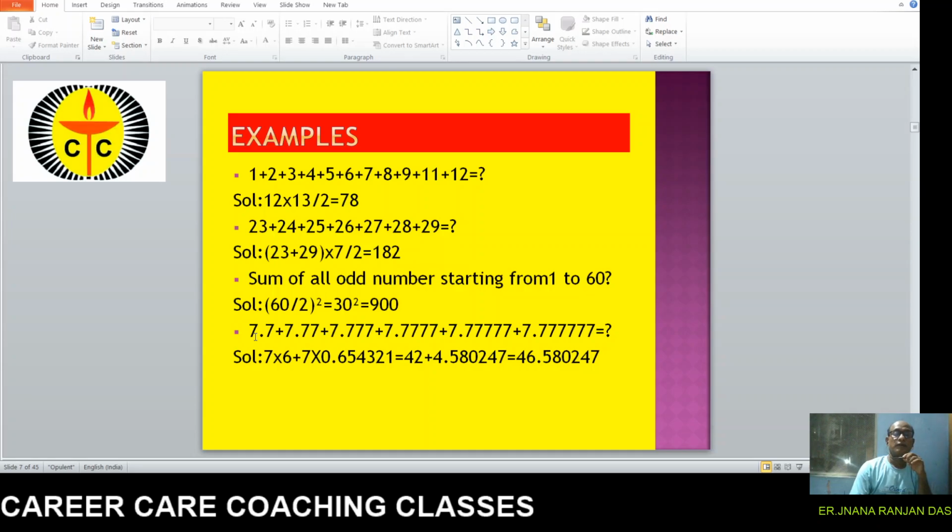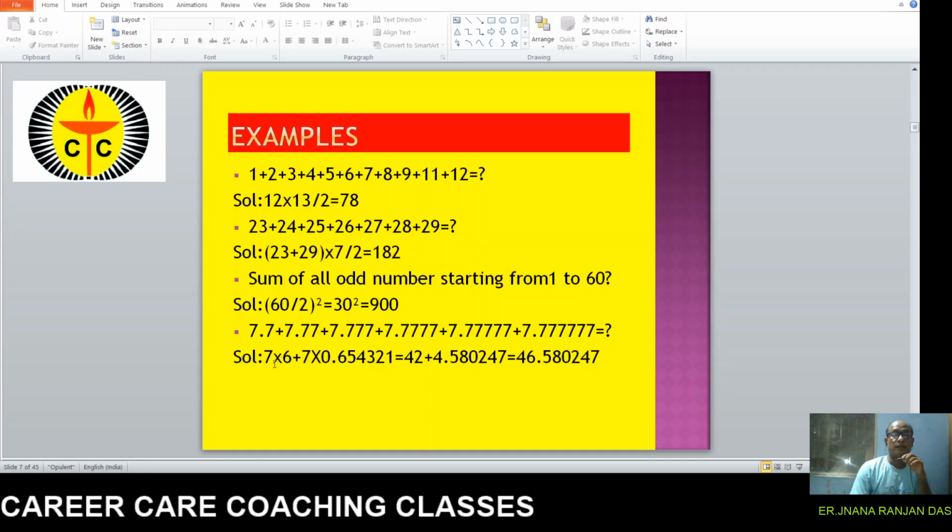So here, total number 60 divided by 2 becomes 30. We take the square of this, which comes out to 900. So this is the sum of odd numbers from 1 up to a certain number.